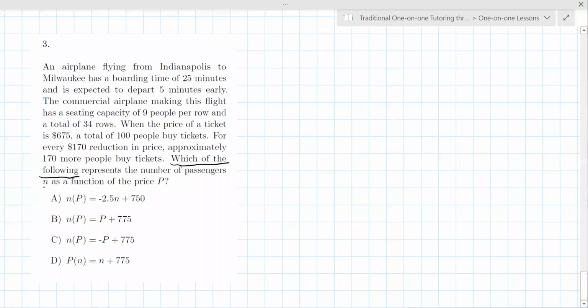But they're kind of clueing you in here: N as a function of P. And if you recall, Y is a function of X. That helps to tell you which is the X and the Y. So the one thing you could do for sure is get rid of this answer, because it doesn't have the right notation.